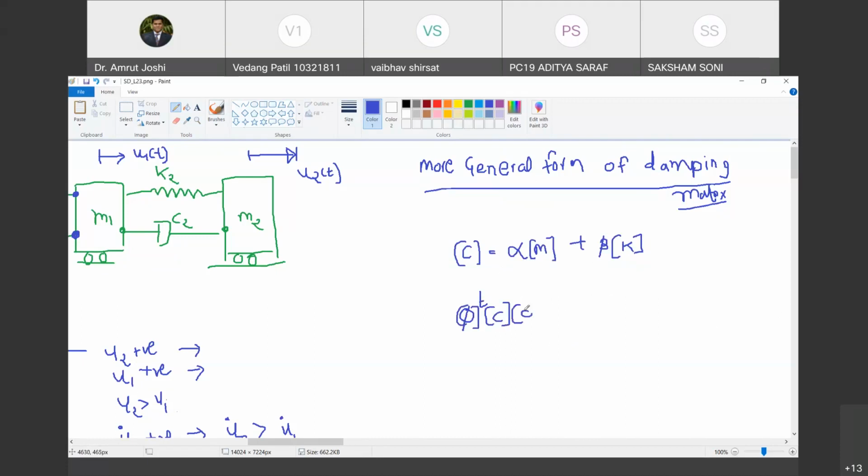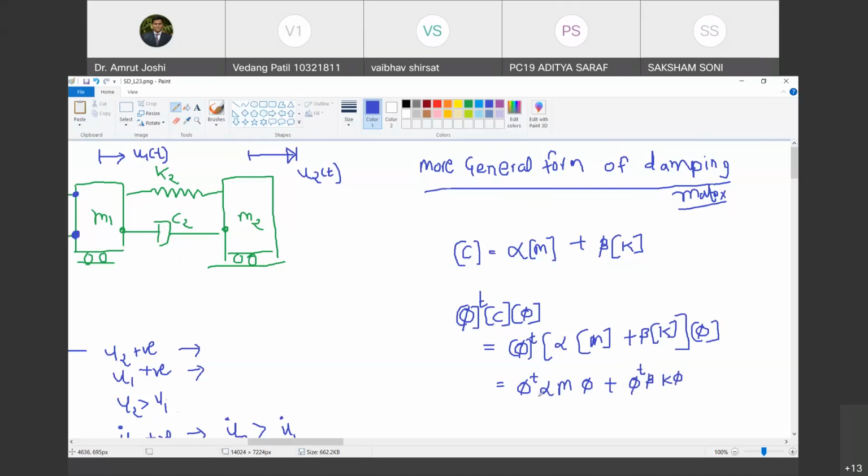That will be equal to phi transpose into bracket alpha times M plus beta times K, multiplied by phi, which will be equal to phi transpose alpha M phi plus phi transpose beta K phi.